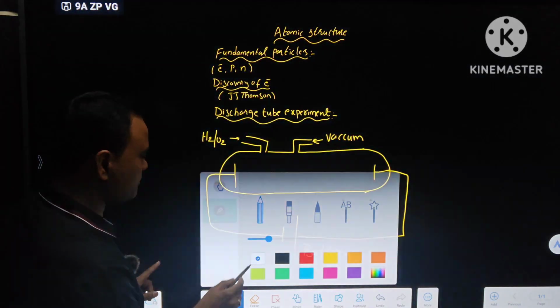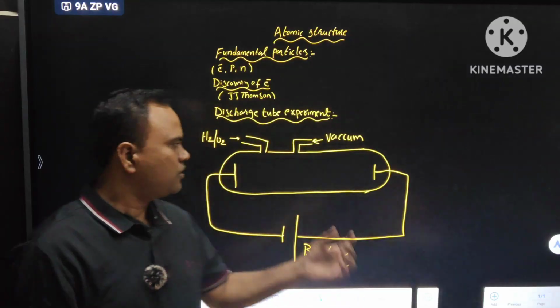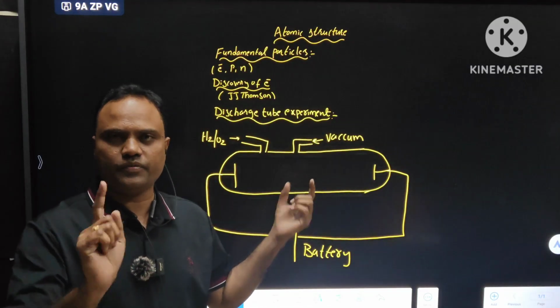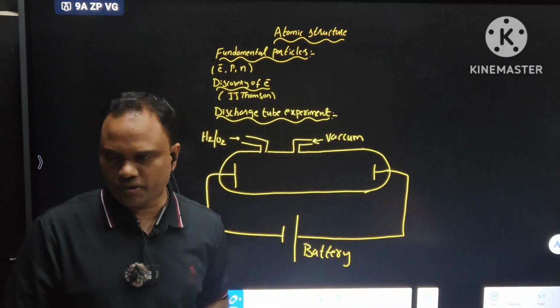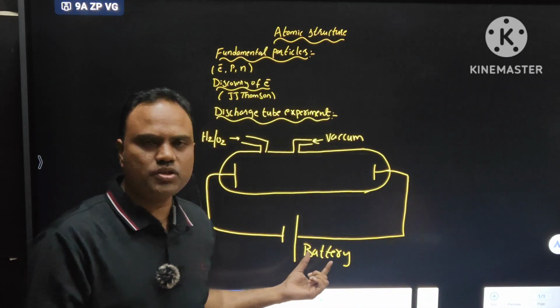Some important points about the discharge tube. We pass the gas at very low pressure. That is a very important condition. Gas should be at low pressure and voltage should be high.